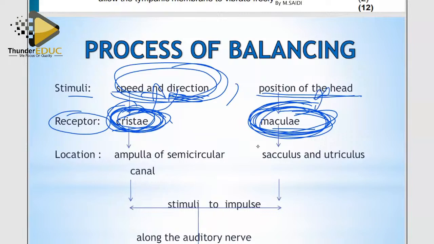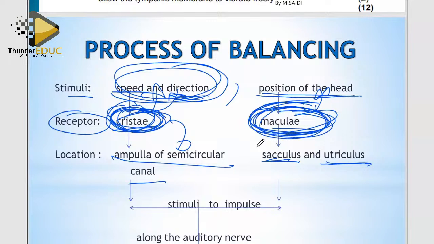Okay. Now you need to know, where is this cristae found? It's found in the ampulla of the semicircular canal. There is a part called ampulla on the semicircular canal. While the maculae is found in the sacculus and the utriculus.